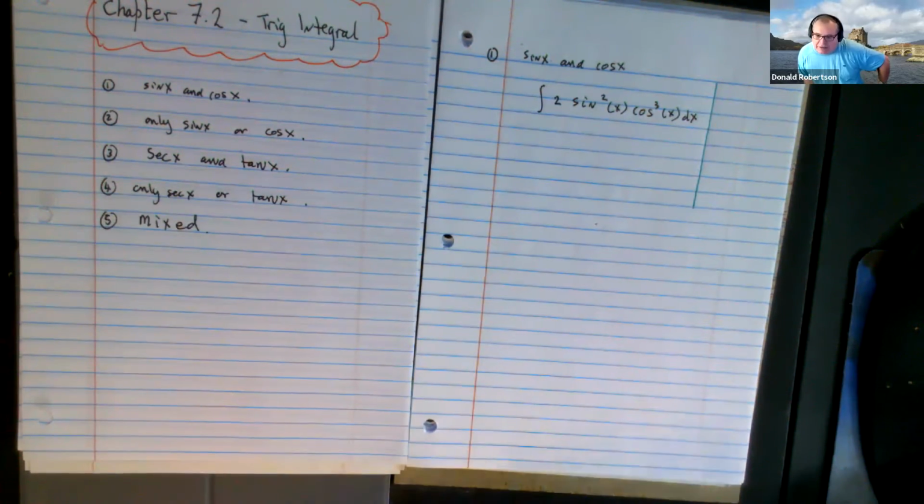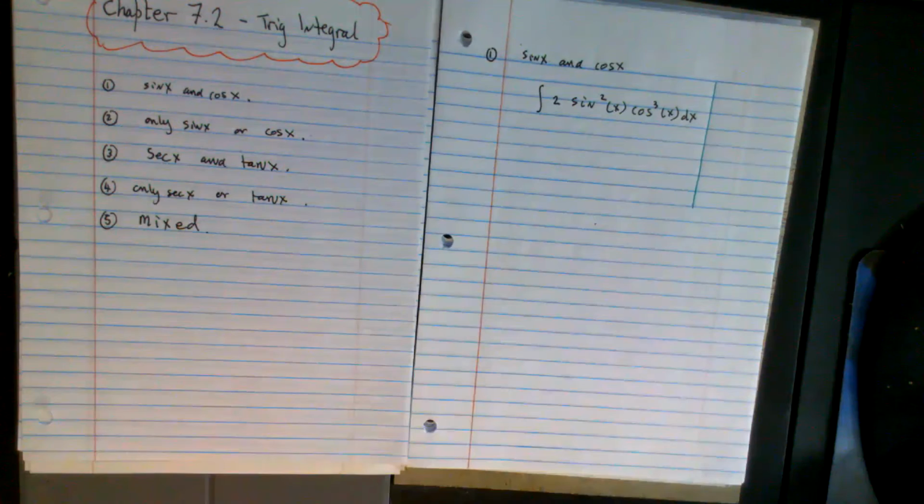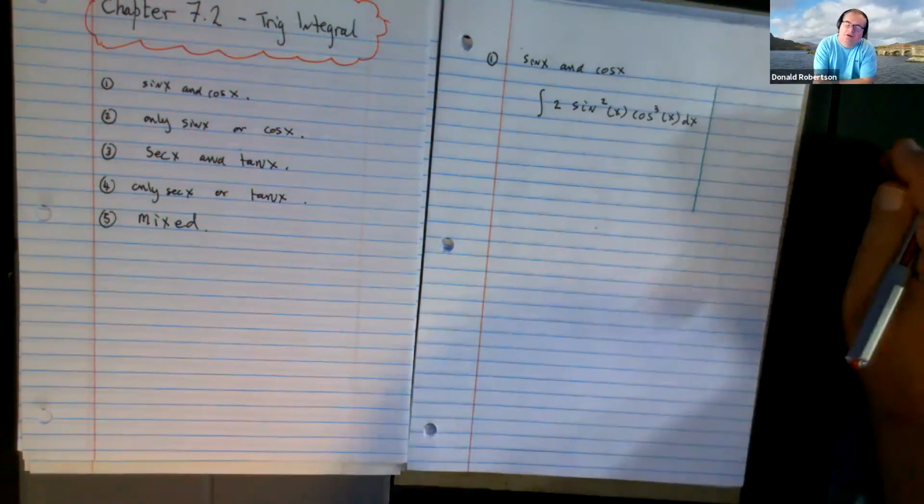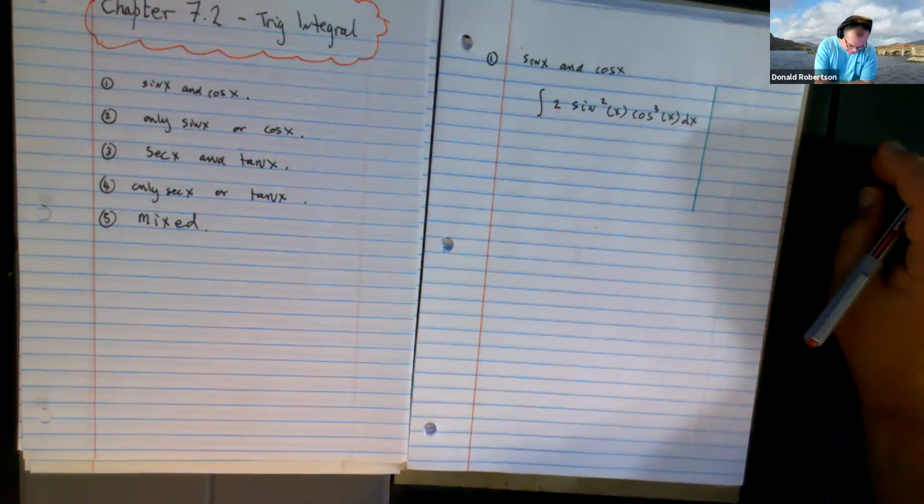So, looking at this one here, what strategy do you think might be the good direction to go to solve this question? How could I tackle this? Would we start by using the reduction formula on cosine cubed of x? What an interesting thought. Let me think about that for a minute.